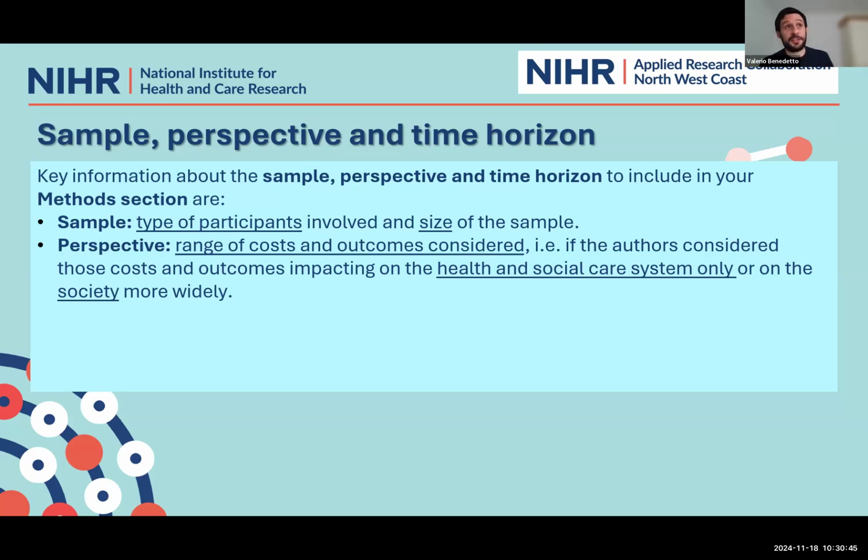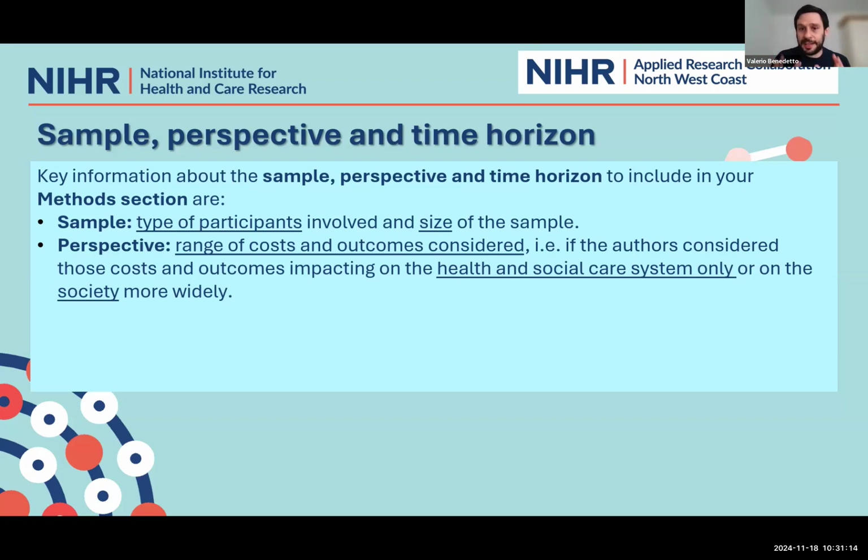So if you think about an intervention, for example, for the health of children, you could be having effects which are impacting on the education system. You could have an intervention which impacts on the parents, so whether they need to take days off work in order to assist their children. So you will have some externalities, we call them that in economics, some external effects which might impact on other elements of the economy.